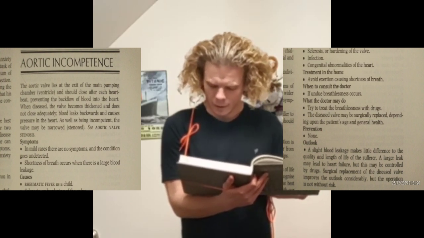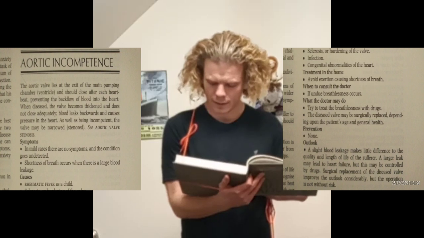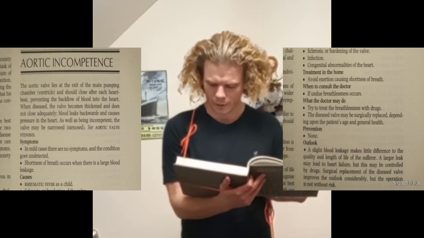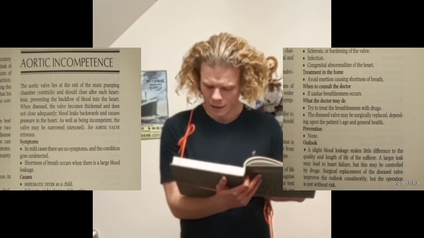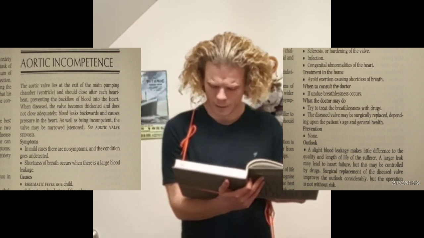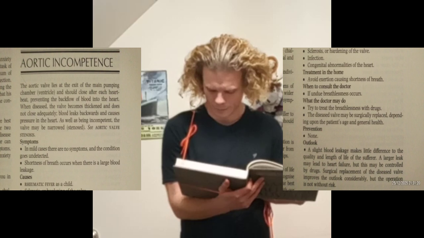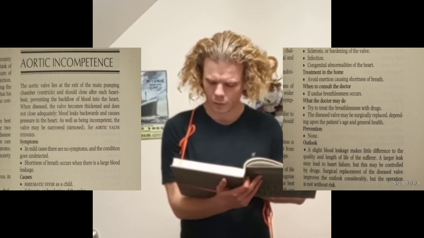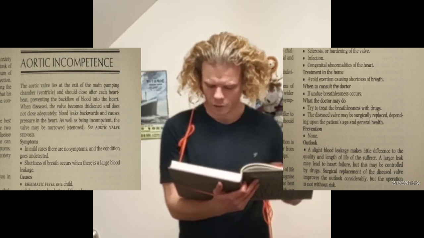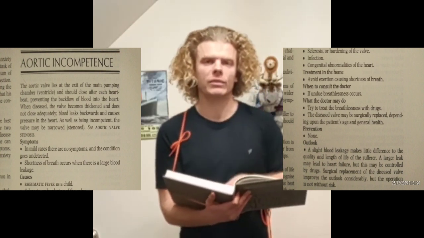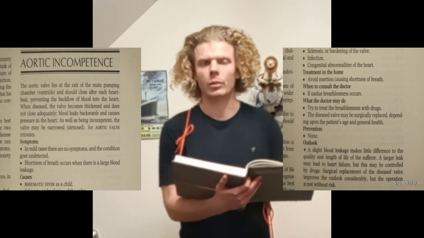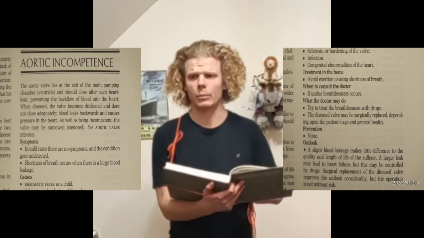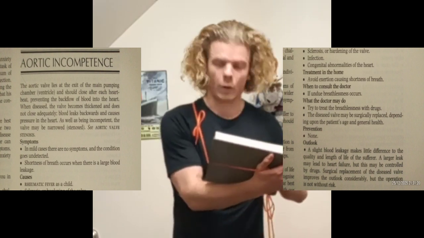A slight blood leakage makes little difference in the quality and length of life of the sufferer. A larger leak may lead to heart failure, but this may be controlled by drugs. Surgical replacement of a diseased valve improves the outlook considerably, but the operation is not without risk. The book is from the 70s, so it's quite possible that the outlook is now different, or better.